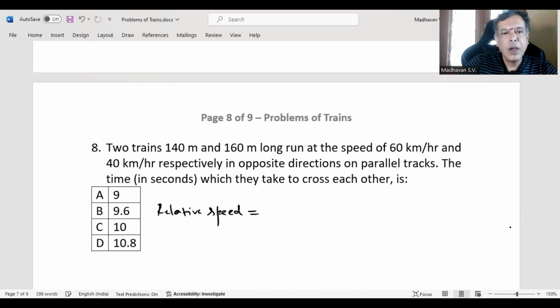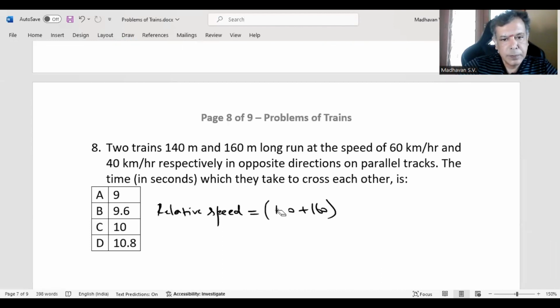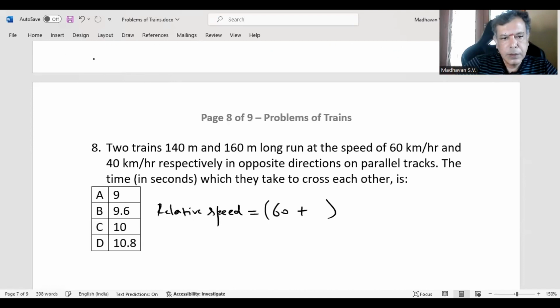Since they are moving in opposite directions, we will be adding the speeds, not 140 and 160, I'm sorry, 60 and 40 kilometer per hour, which is 100 kilometer per hour.